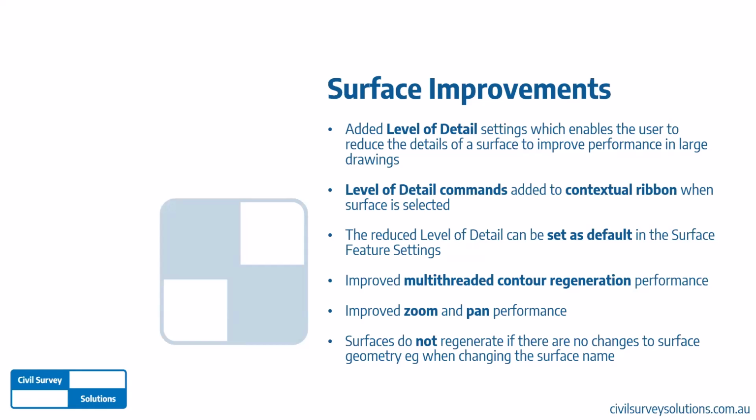What this allows you to do is improve performance in large drawings by reducing the detail in the surface. There's also been some improvements to zoom and pan performance over your surfaces, as well as a change so that if you're just making a change such as the surface name, the surface will no longer regenerate. So let's have a look at Civil 3D.